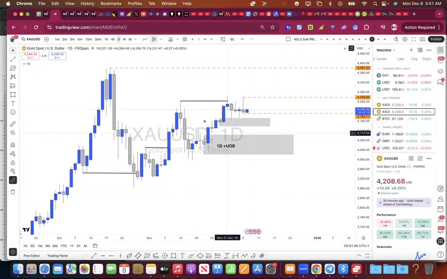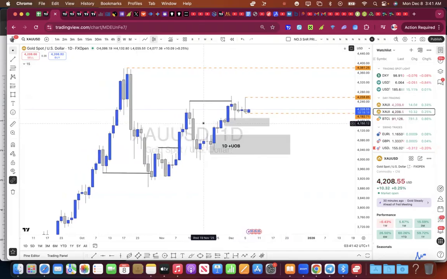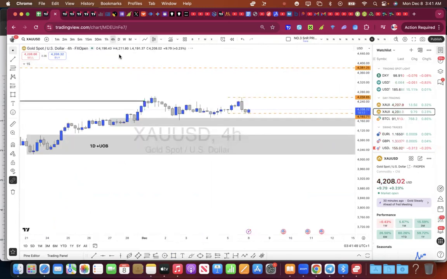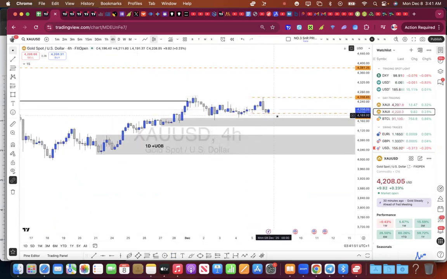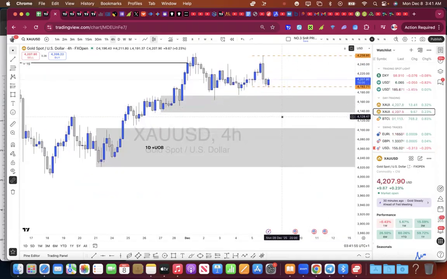Okay, so now we have to go to a lower time frame, 4 hours perhaps, to have a current dealing range where you can now face the market more. Now, remember, we have identified some pivot points. The first we identified was the previous day high and the previous day low.